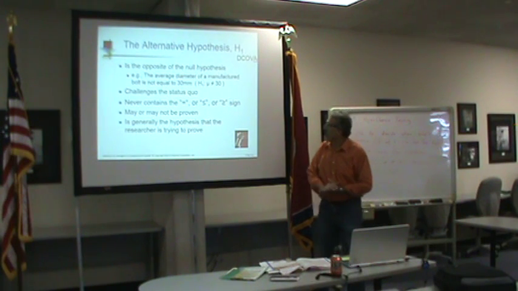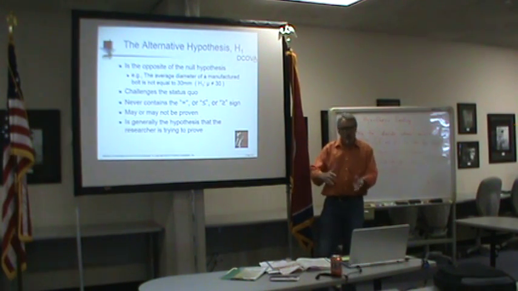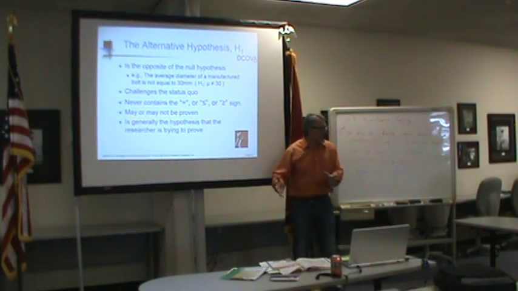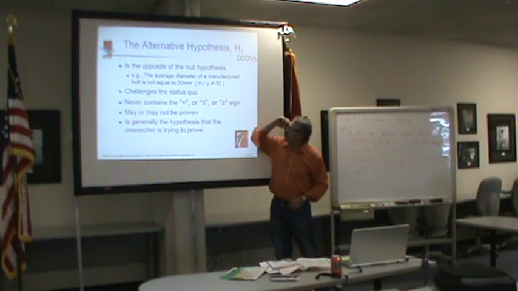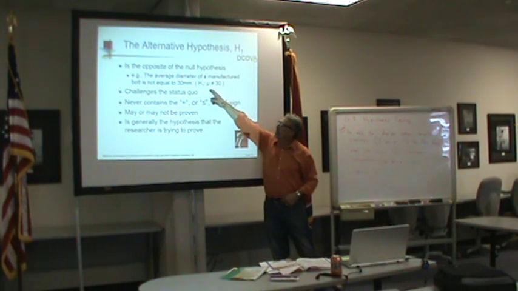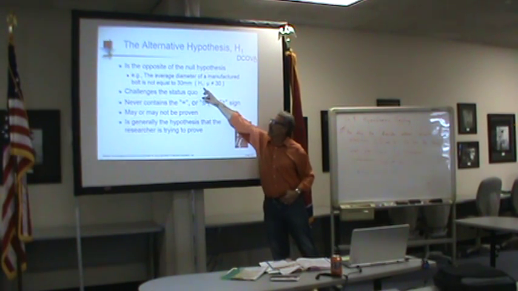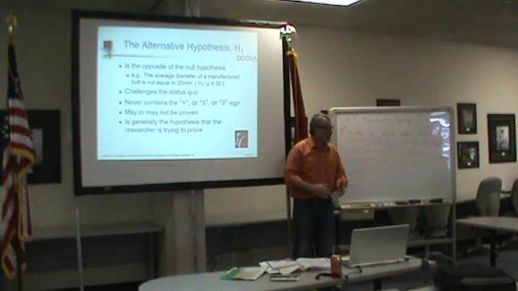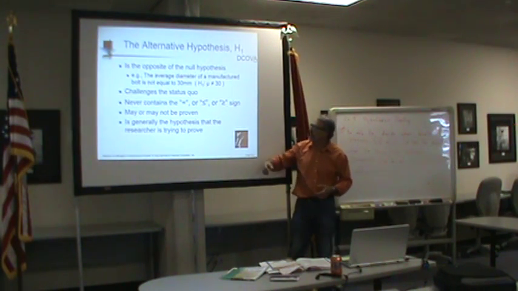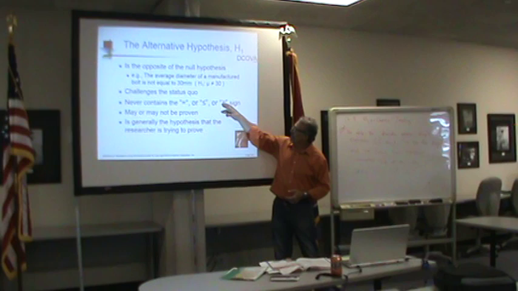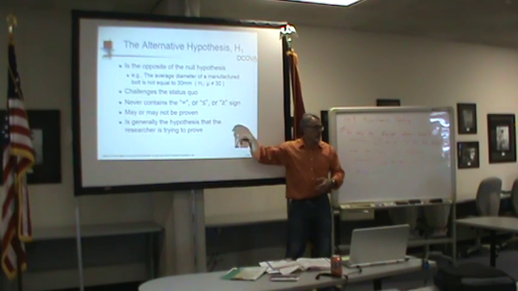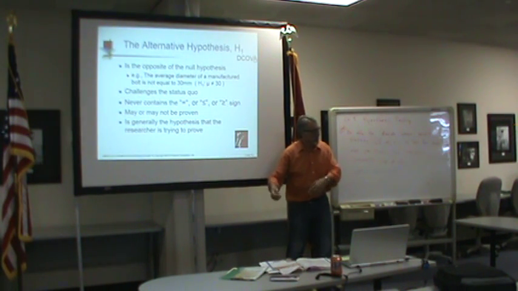Then the alternative hypothesis is the other side of it. So in the bolt example, if we said, hey, we're wondering if the mean diameter of the bolt is 30 millimeters, and that's our H0, then our alternative hypothesis, which is H1, is, well, it's not 30, okay? Or if we're worried about something being greater than or equal to, then the alternative hypothesis is, well, it's less than.